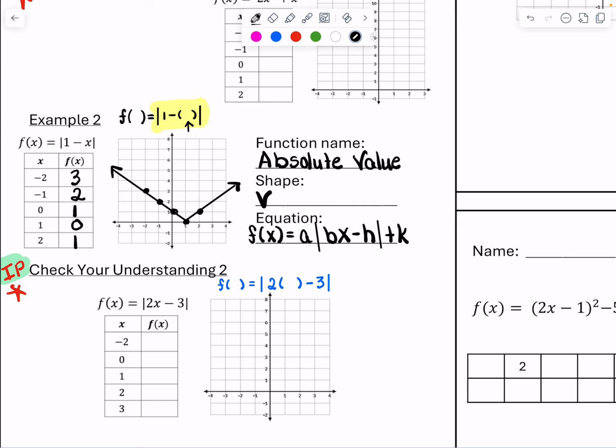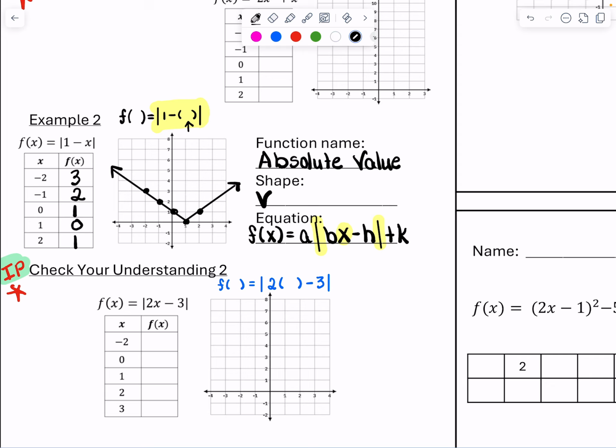Now, if you notice on this one, the x is actually inside of the absolute value bars when we're looking at the equation, right? So because the x is inside the absolute value bars, that's when we know it's going to be a V-shaped graph.